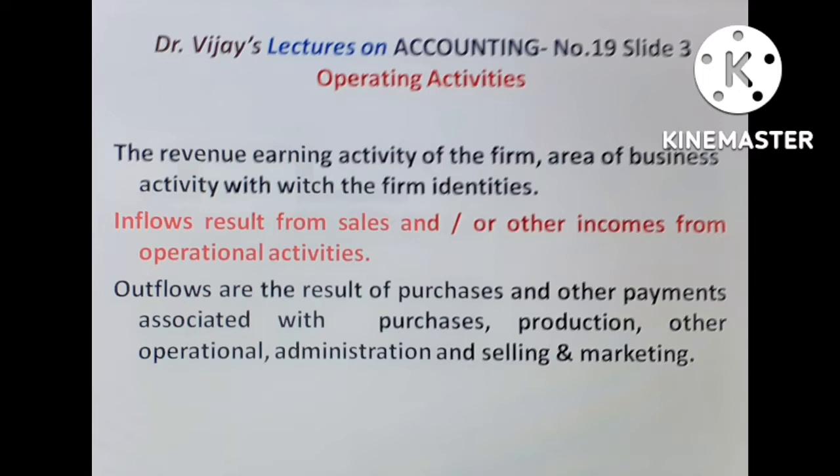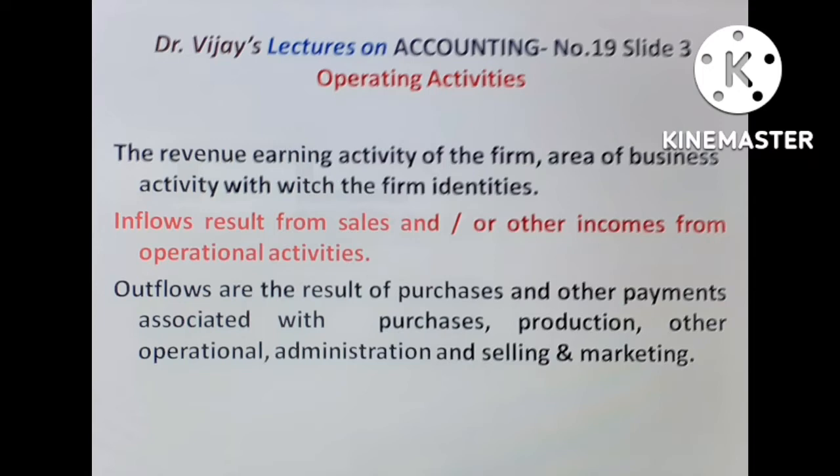Operating activities are the revenue earning activities of the firm, the area of business activity with which the firm identifies. For a trading firm, the operating activity is trading. For an energy supply firm, it is procurement, storing and distribution of energy.